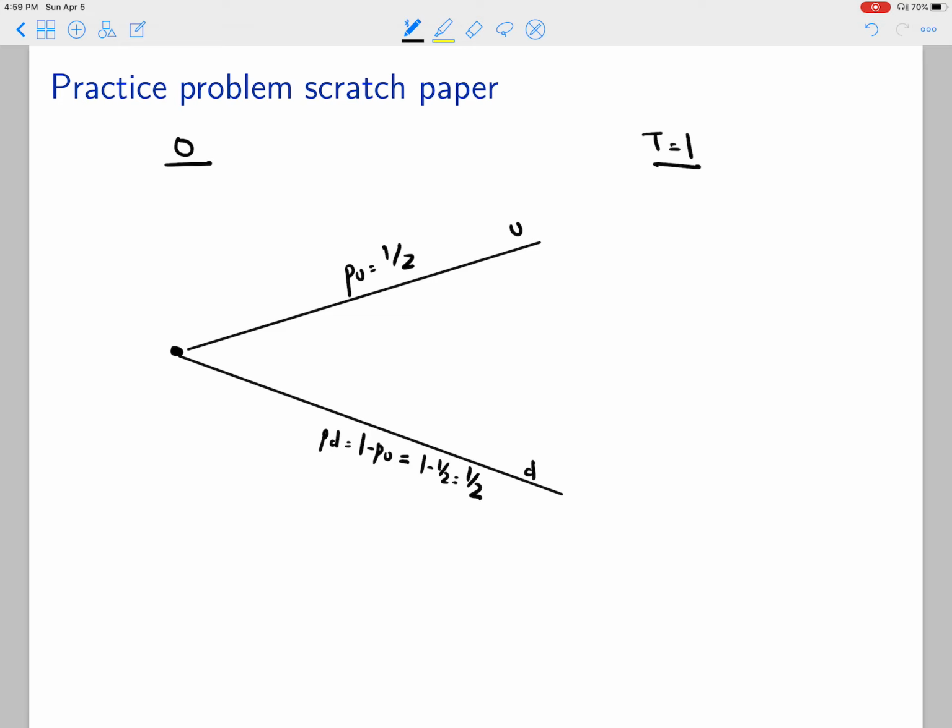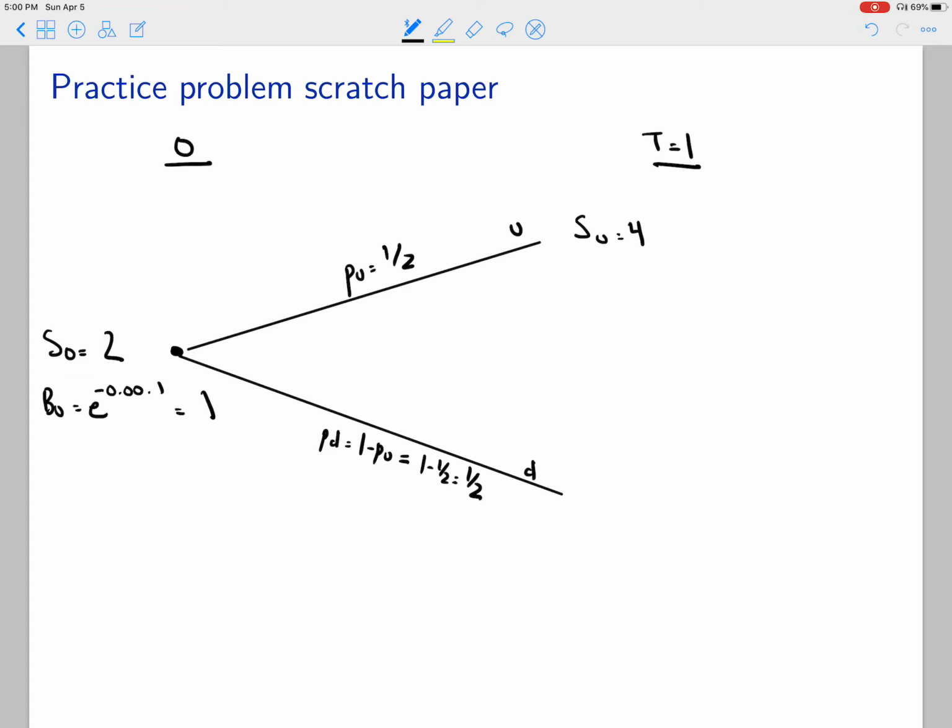Okay. There are 2 basis assets in the model, a stock and a bond. The stock has a price of 2 at date 0. The bond has a price of B0 equal to e to the negative r, which is 0, times T equals 1, so it's 1 at date 0. The payoffs to the stock depend on the state of the world. In the up state, the payoff to the stock is SU equal to 4.